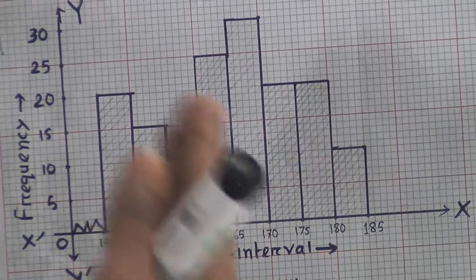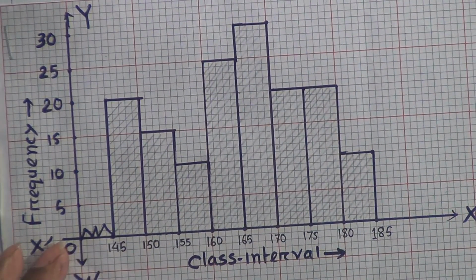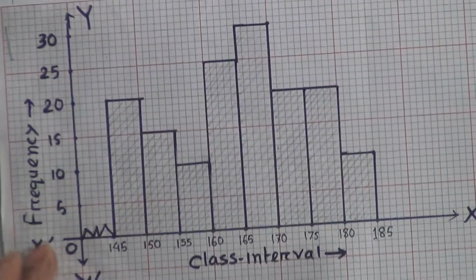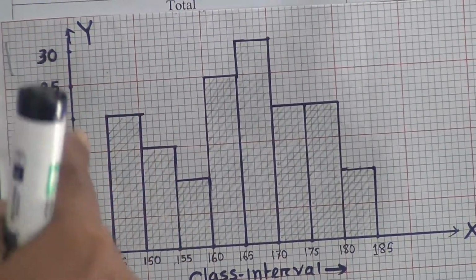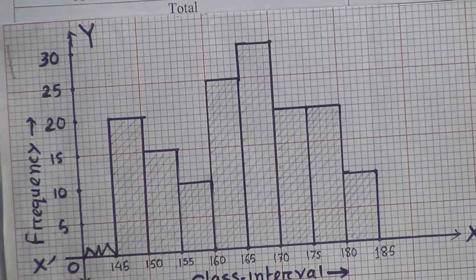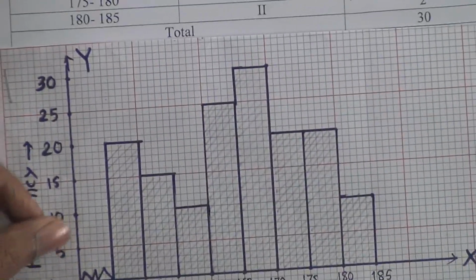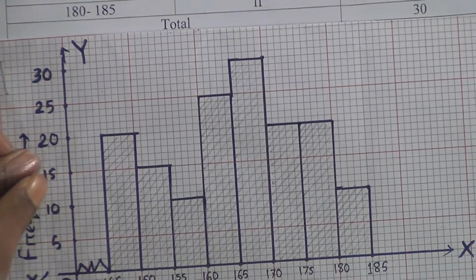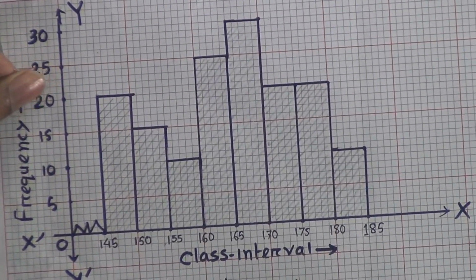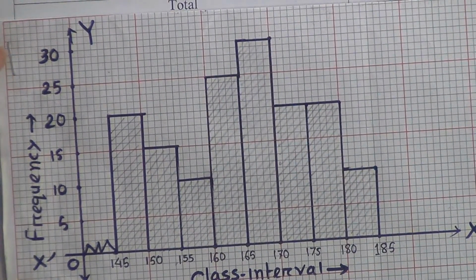So I have selected here 1 unit of graph paper along the x-axis, and 5 units of graph paper along the y-axis equal to 1 unit. That means 5 is 1, then 10 is 2, 15 is 3, 20 is 4, 25 is 5, and 30 is 6.